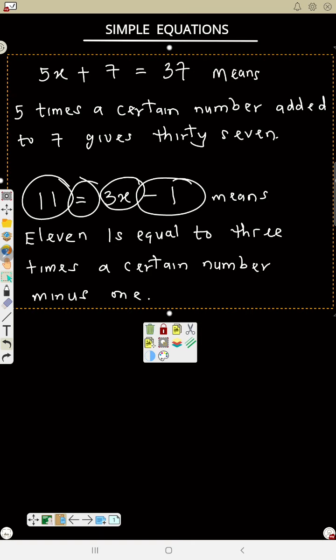So now let's see this. What is the meaning of this equation? Just 7x. What is the meaning of 7x like this? 7x simply means 7 times a certain number.